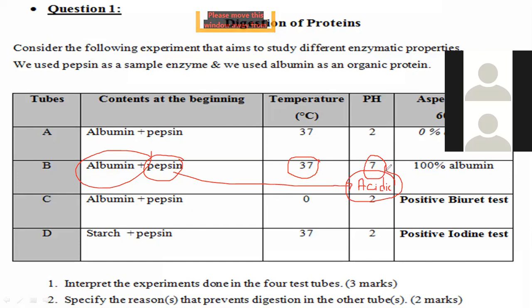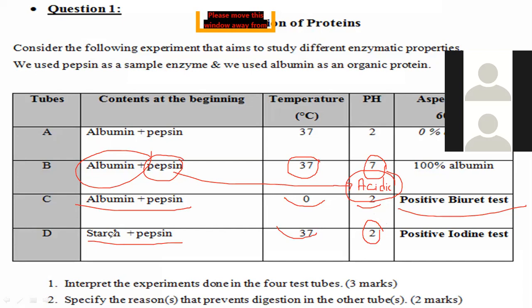So this indicates that there is no digestion in tube B. In tube C, we have albumin plus pepsin. Temperature 0, pH equal to 2, which is acidic. We have positive Biuret test. This indicates that the albumin is not digested. However, in tube D, we have starch plus pepsin. Temperature 37 and the pH equal to 2.